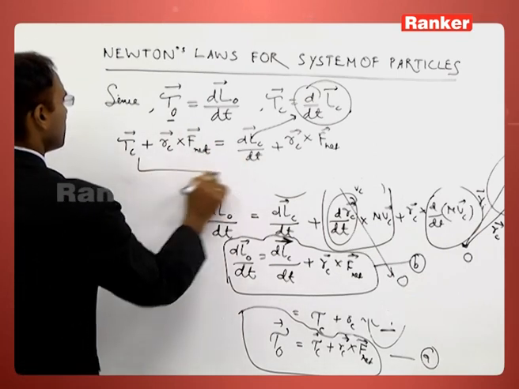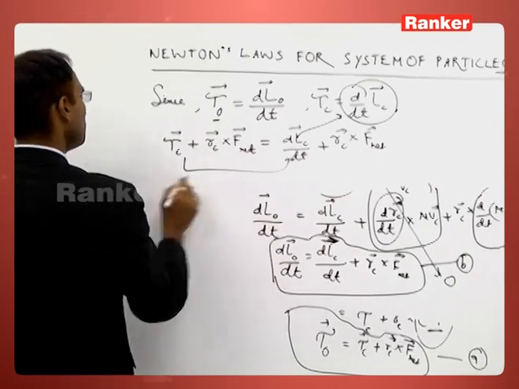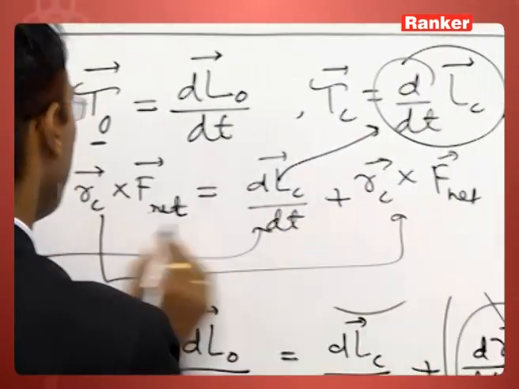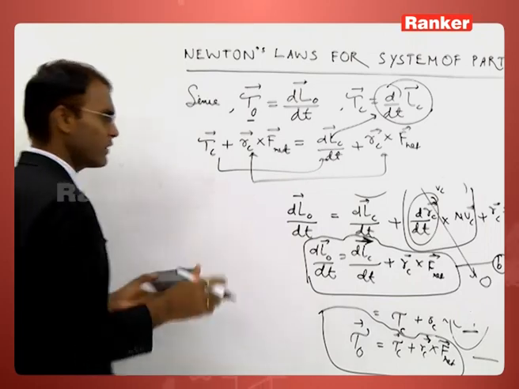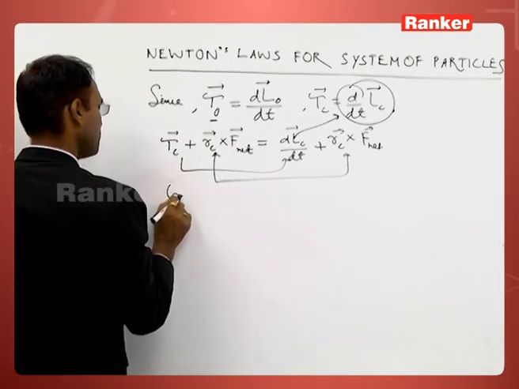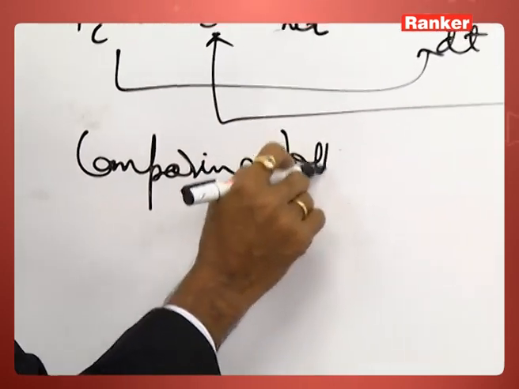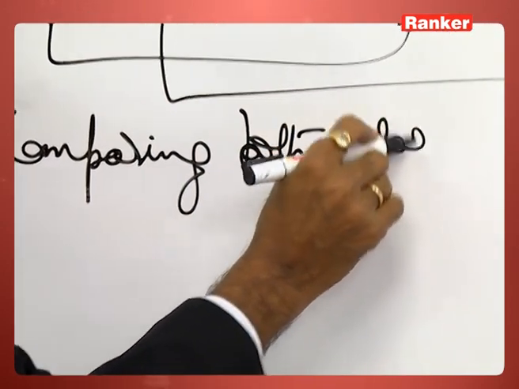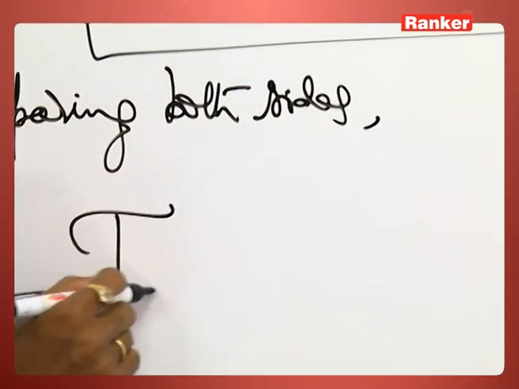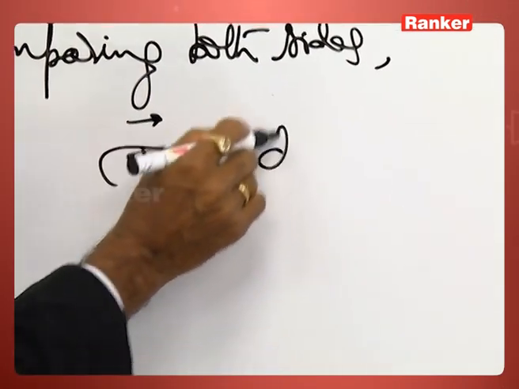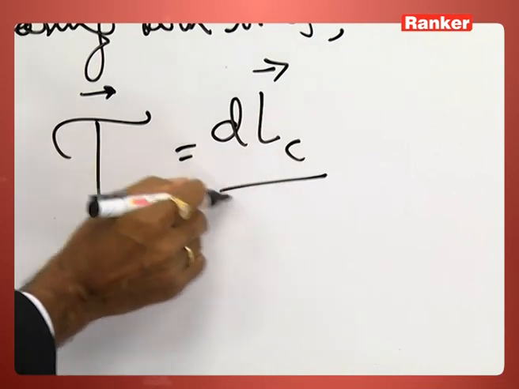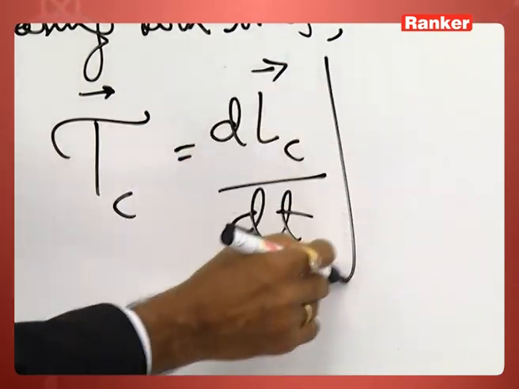Or you can just compare these two terms and compare these two terms to get a pair of equations. Comparing both sides, we have tau C is equal to the rate of change of angular momentum about the center of mass.